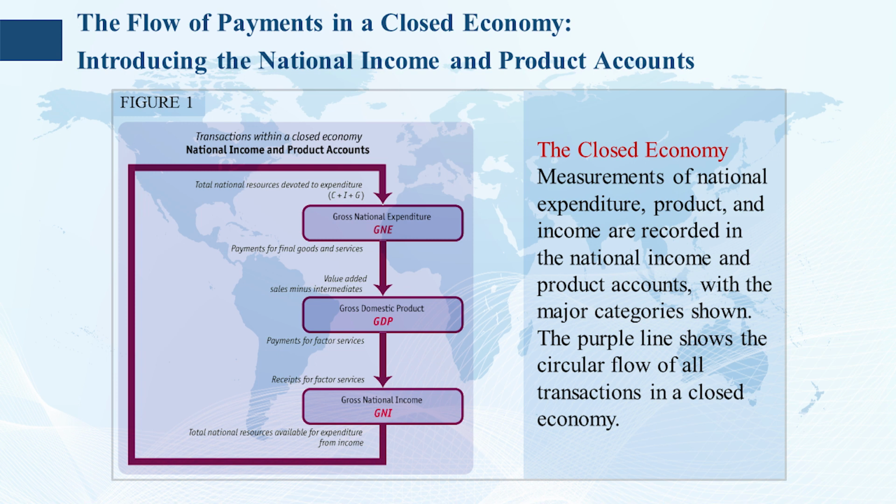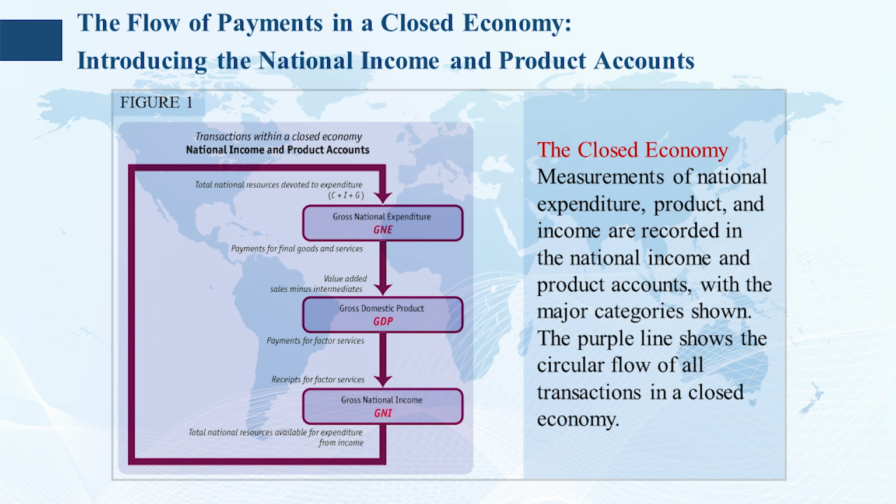These arrows flow within the purple box, which represents the home country, and do not cross the edge of that box, which represents the international border. The cross-border flows that occur in an open economy are represented by green arrows. There are 5 key points on the figure where these flows appear.